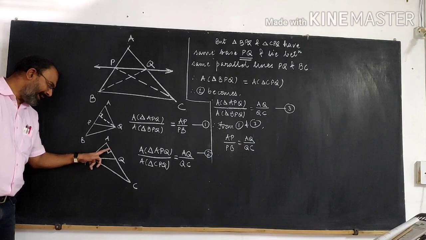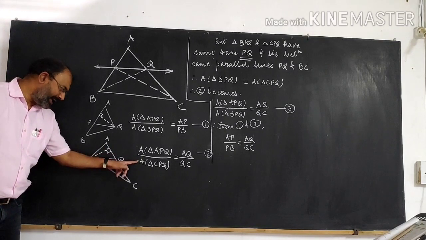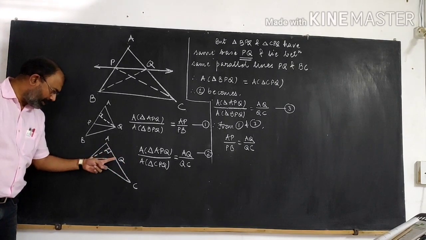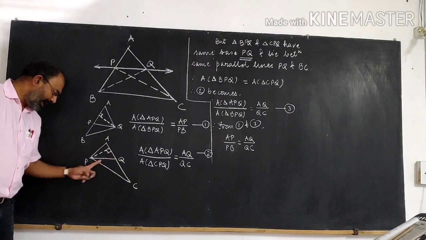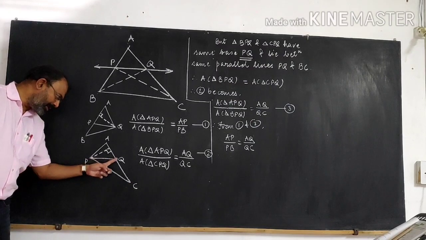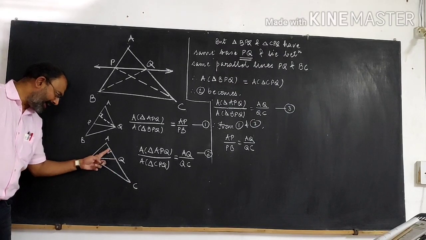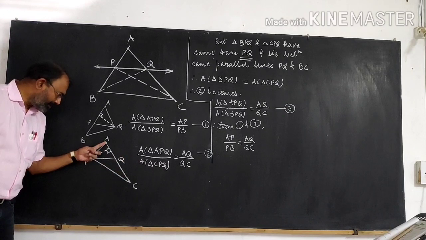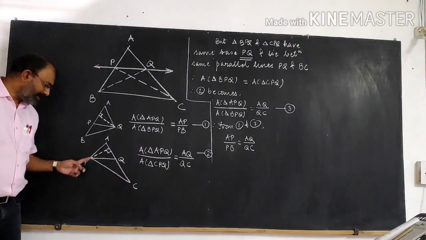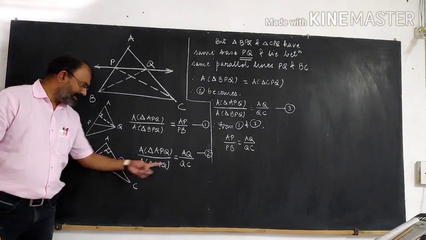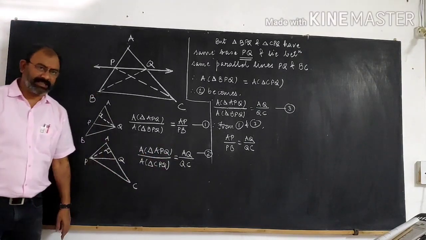Because they have the same height, the ratio of their areas is equal to the ratio of corresponding bases. So area of triangle APQ upon area of triangle CPQ is equal to the ratio of their bases AQ and QC.